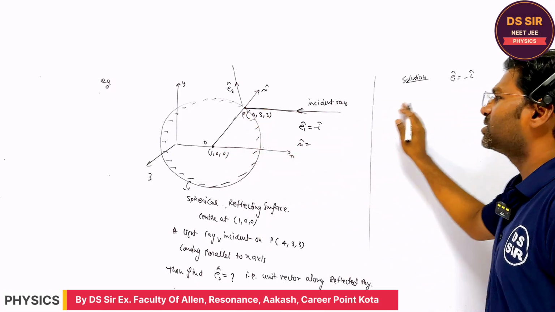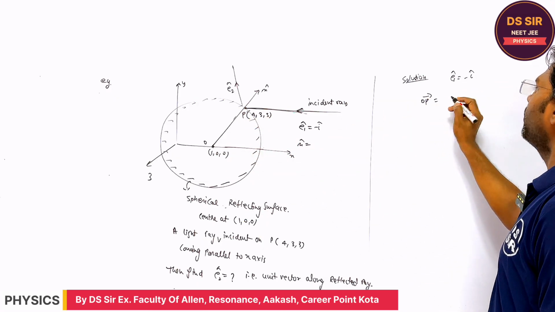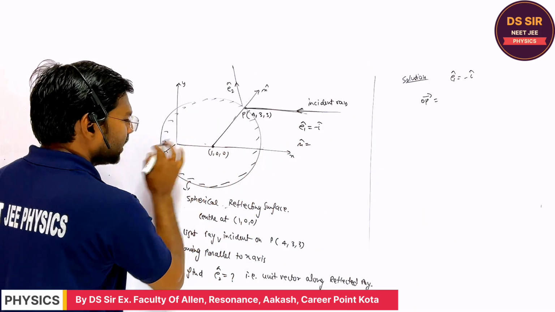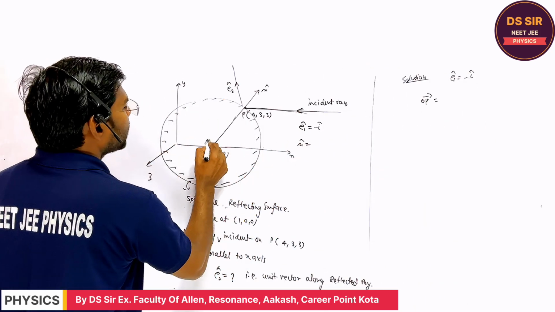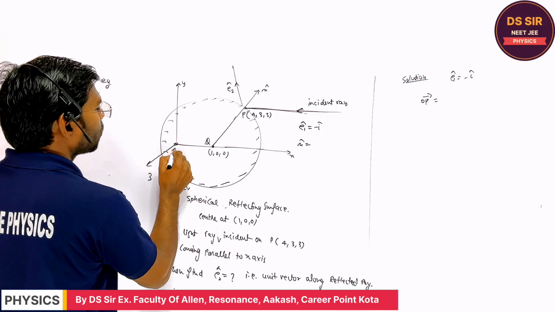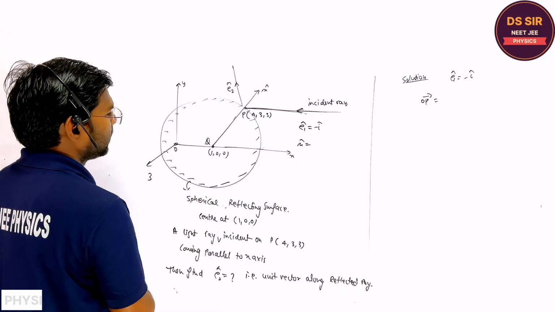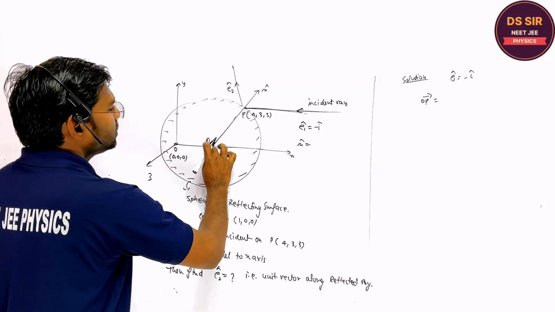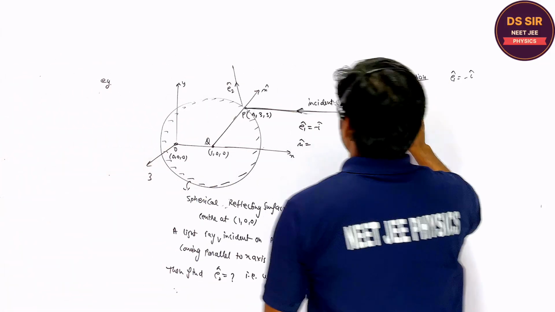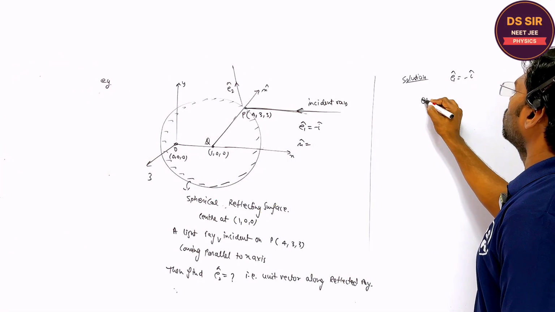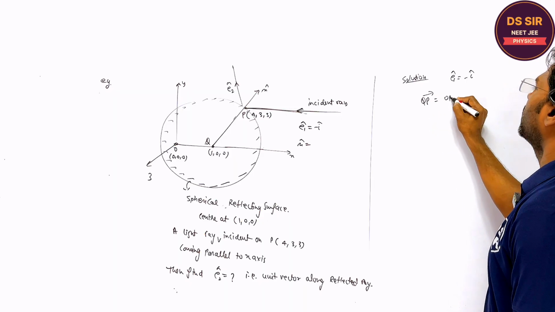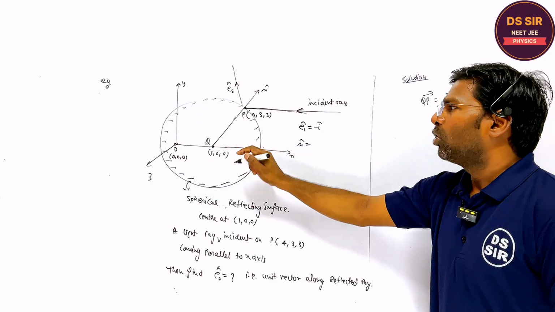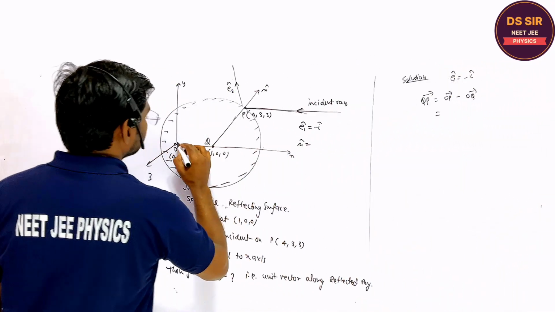Now, what is the OP vector? Don't write this point as O. You may write it as point Q, because O is for origin, which generally means 0, 0, 0. So this is the QP vector, which is OP minus OQ.